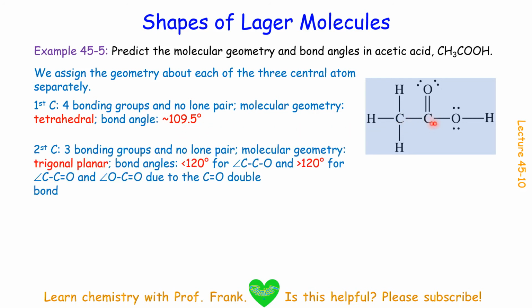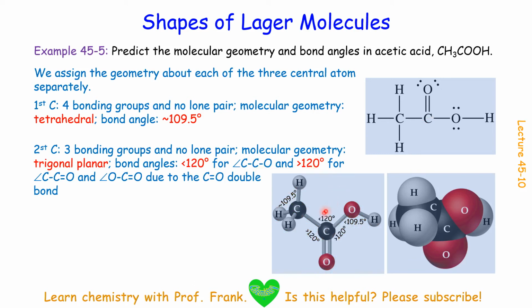The second carbon has 3 electron groups. Please recall, a double bond is counted as just 1 electron group. If it's 3 and there is no lone pair, then the molecular geometry is trigonal planar. The bond angle should be approximately 120 degrees.